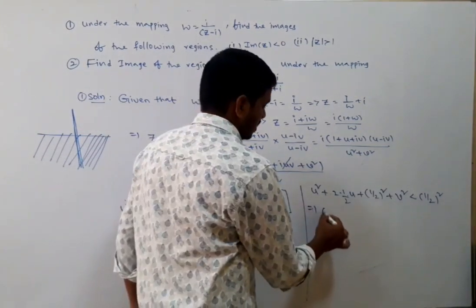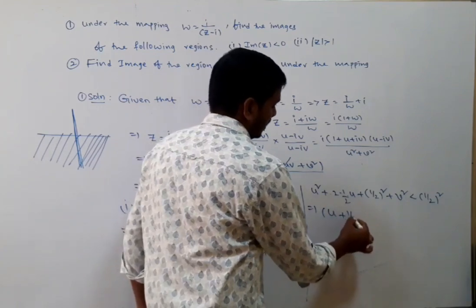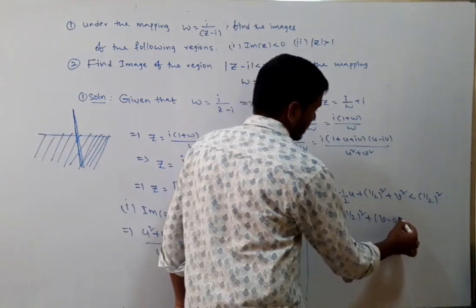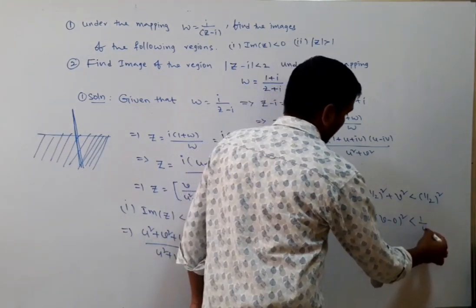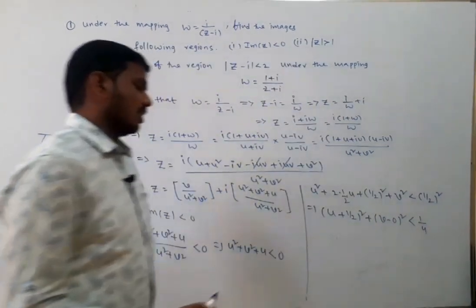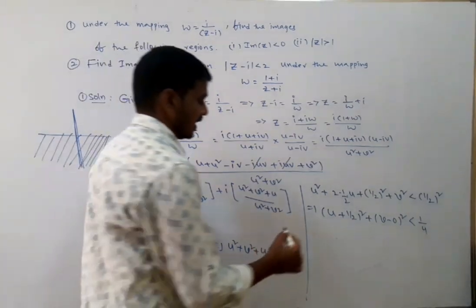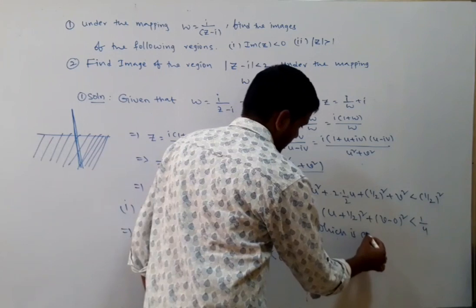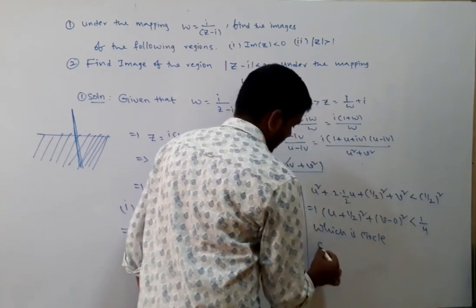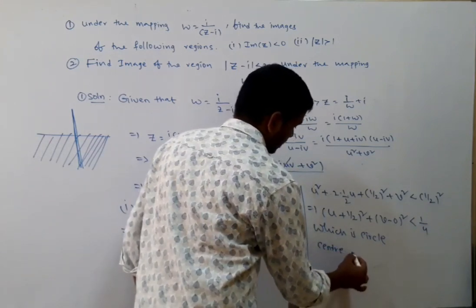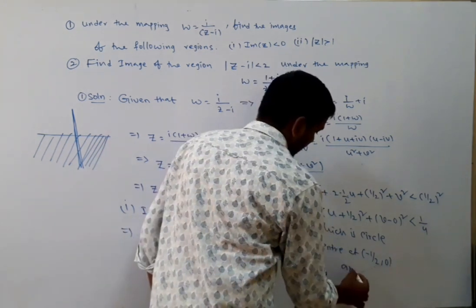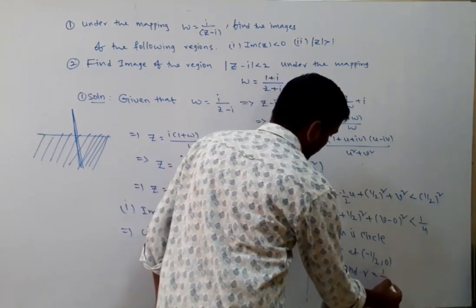This can be written as u plus 1 by 2 whole square plus v minus 0 whole square is less than 1 by 4. So here it is a circle with center at minus 1 by 2 comma 0 and radius r equal to 1 by 2.